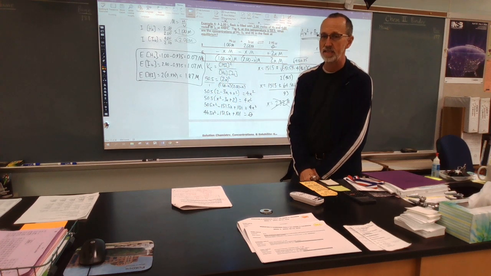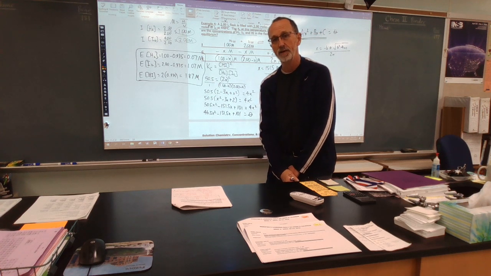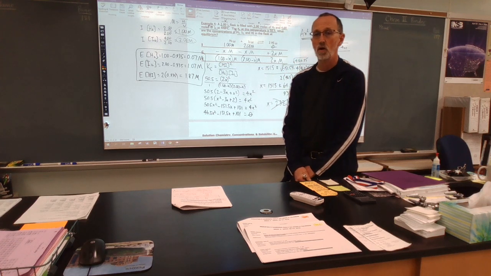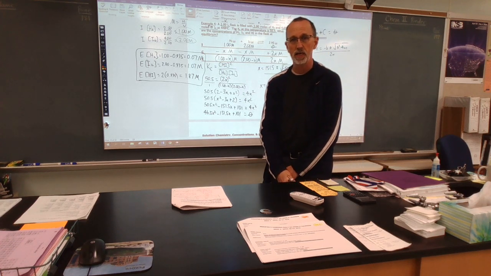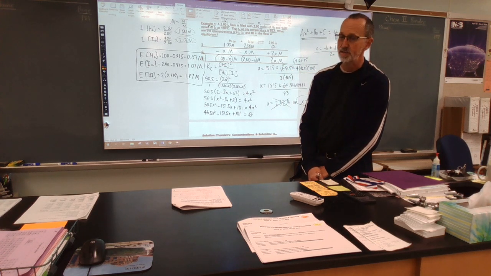And again, one last time, remember that the quadratic formula is going to give you two answers for your potential answer. However, one of them is going to be, again, ridiculous, and the other one is not.